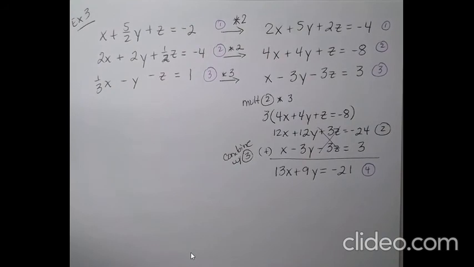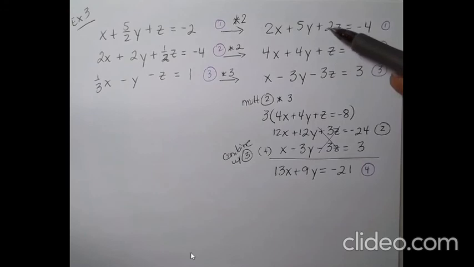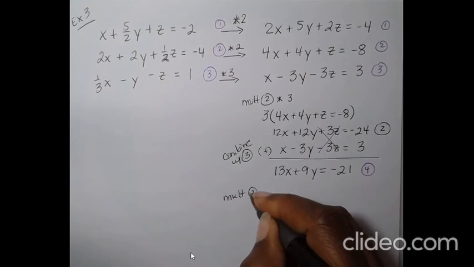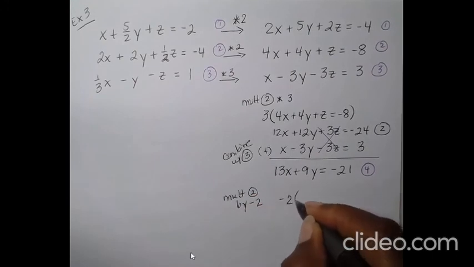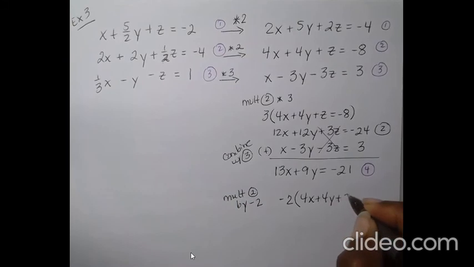Well, we can work with 1 and 2. We need to get equation number 2 with a negative 2z. So let's multiply equation 2 by negative 2. So we've got negative 2 times 4x plus 4y plus z equals negative 8.